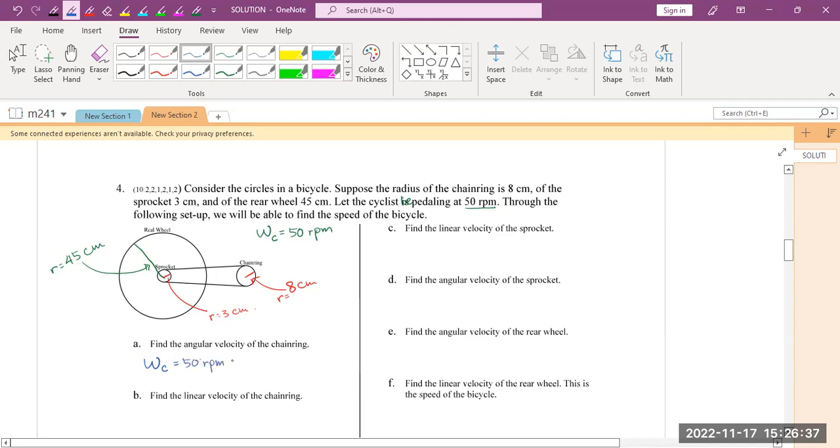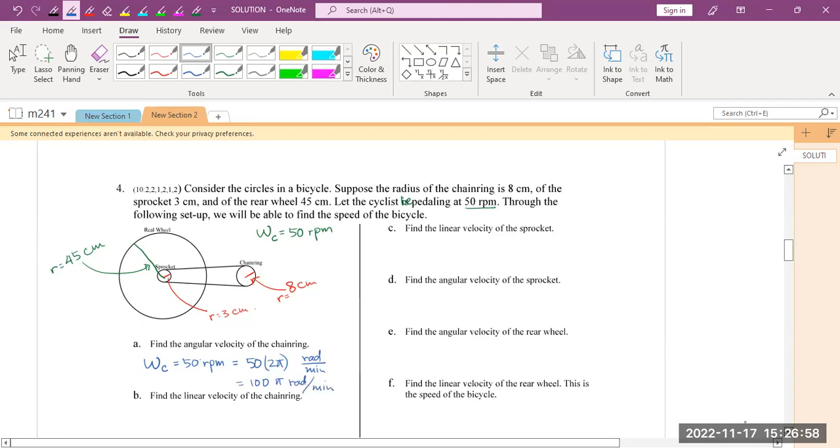But this is not in radians, right? We need to change it to radians, multiply by 2 pi. This is radians per minute. That gives us 100 pi radians per minute.